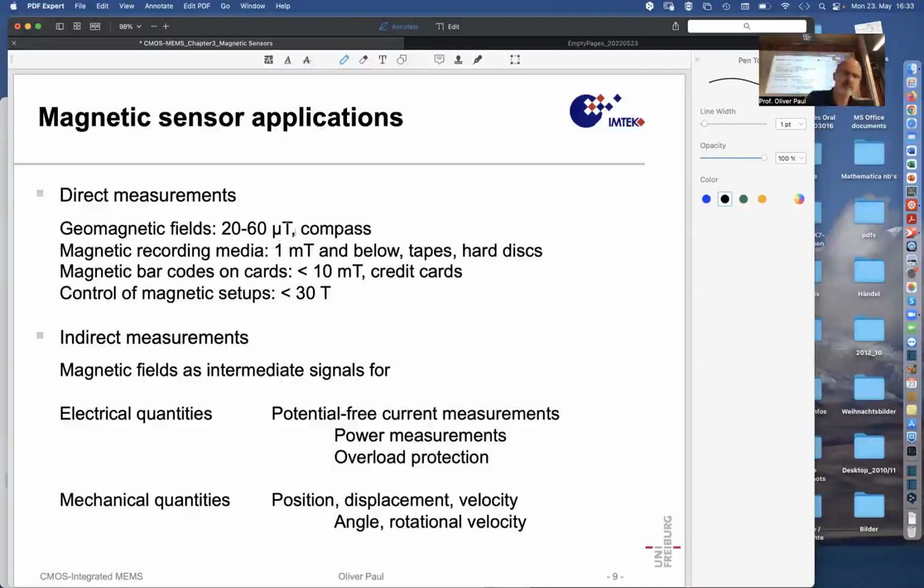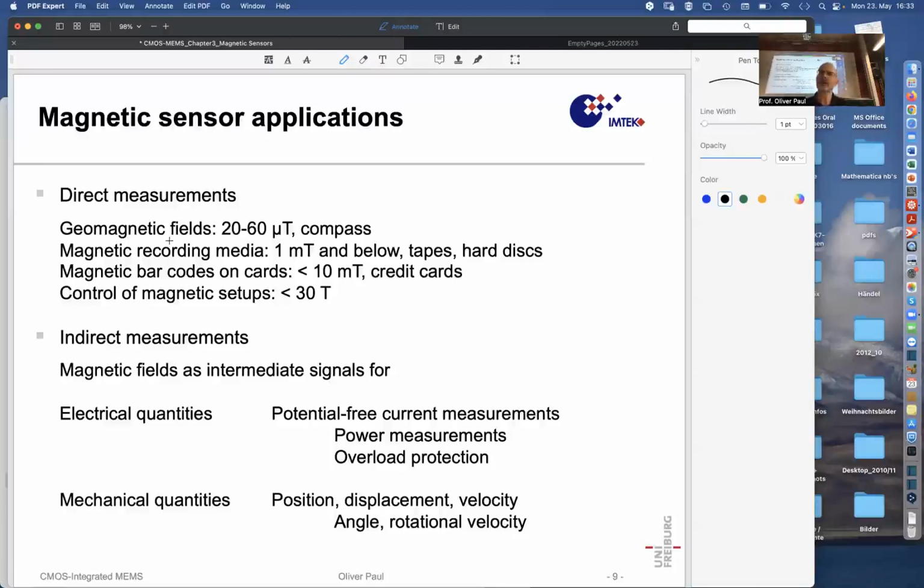And for instance, the Earth magnetic field is a ubiquitous magnetic field with an intensity, a field strength, of 20 to 60 microtesla. Is that a lot?